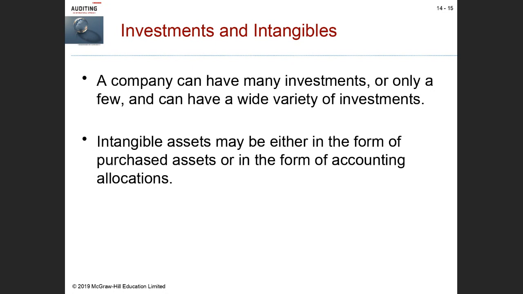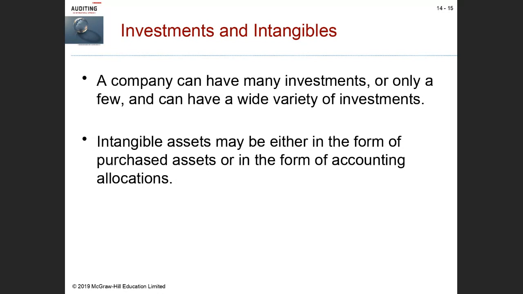The most common type of intangible asset is what we call goodwill. Goodwill typically is classified in its own category in the financial statements, but it still has the characteristics of being intangible because it's something that we spend money on. It's something we know is of value, but we can't physically touch it. Goodwill would occur typically with respect to the purchase of a business, as we mentioned earlier.